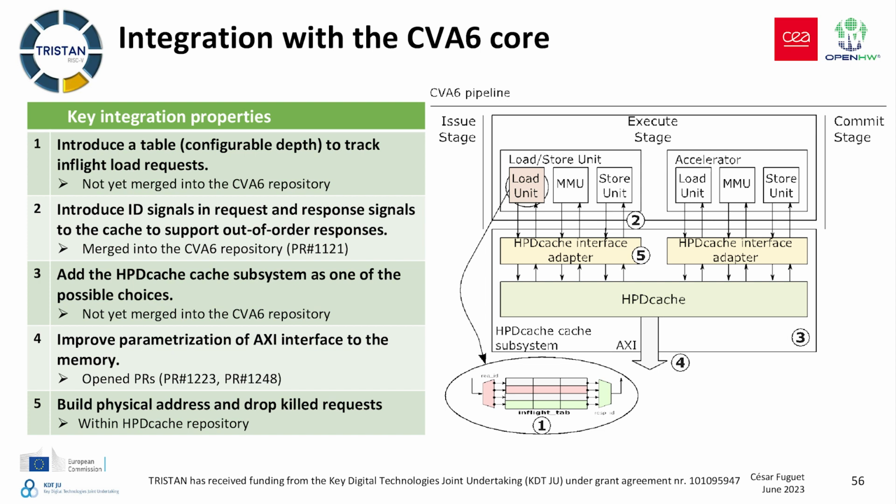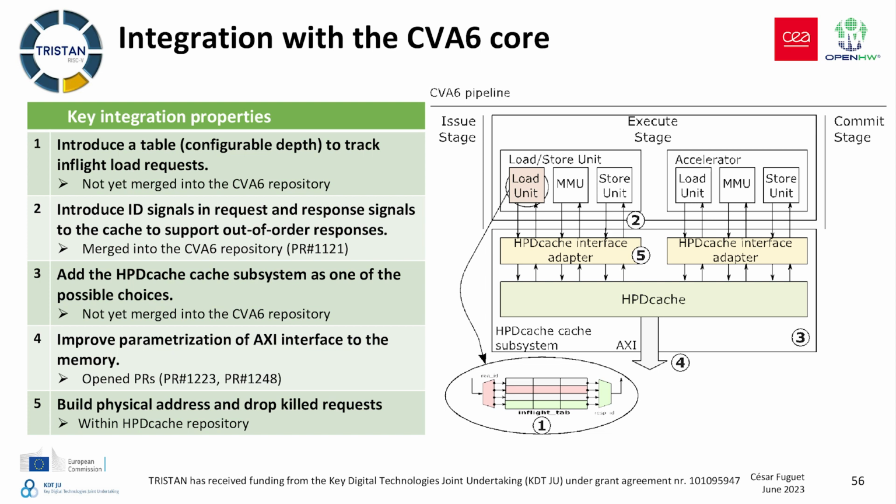There is a pending pull request to add the HPD cache as one of the possible cache subsystems in the CVA6. There are a lot of modifications currently in the parameterization of the AXI interface to be able to choose the data width of the AXI bus and the number of bits of the ID signals, etc. So there are some open pull requests on that subject.